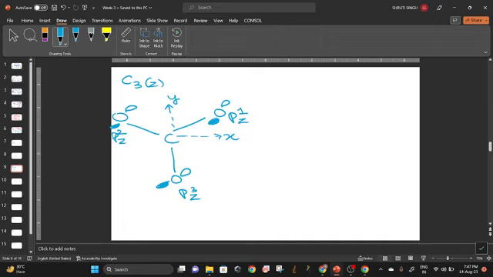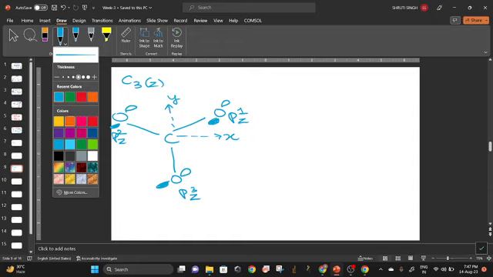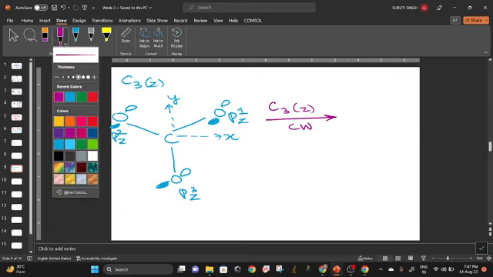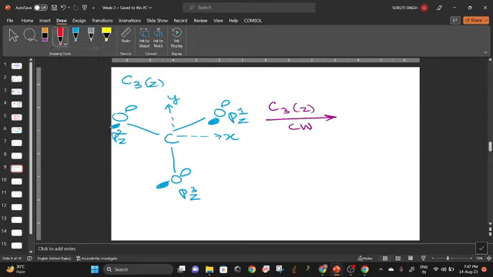Okay. Now we will do C3 clockwise. So how will things change? They will interchange position, ma'am. They will just change the position and the lobes will not interchange.